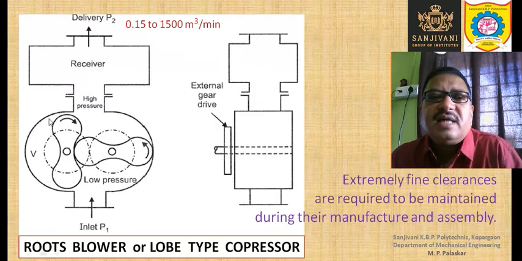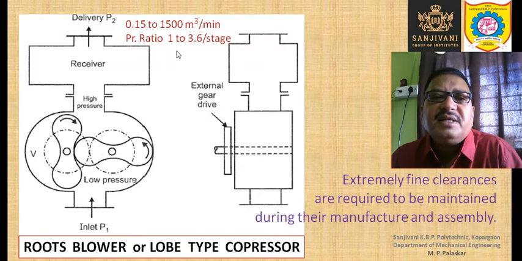So generally the discharge capacity of this particular compressor is 0.15 to 1500 meter cube per minute, and the pressure ratio ranges from 1 to 3.6 per stage. So the maximum pressure ratio is 3.6.